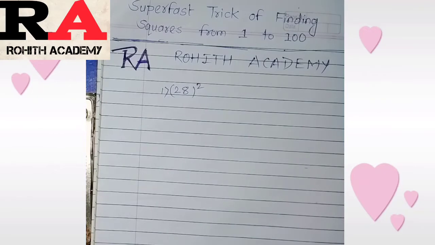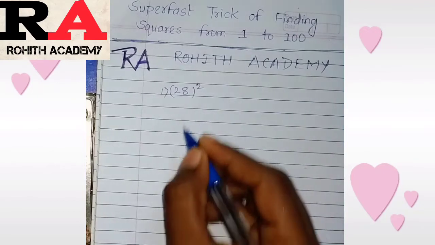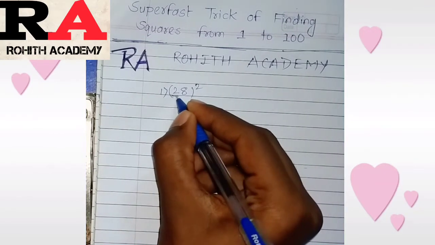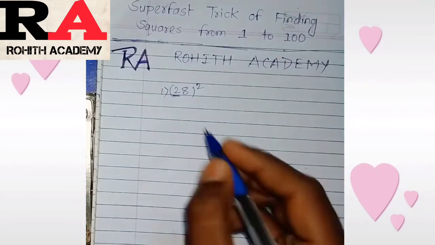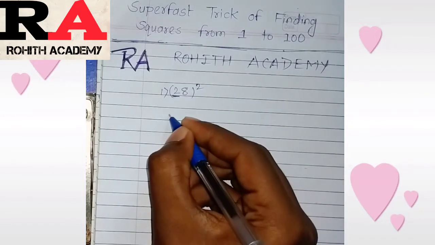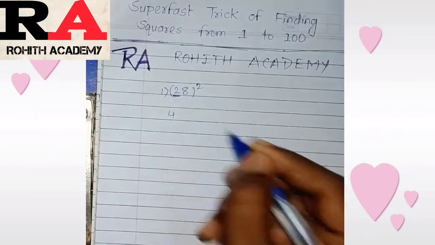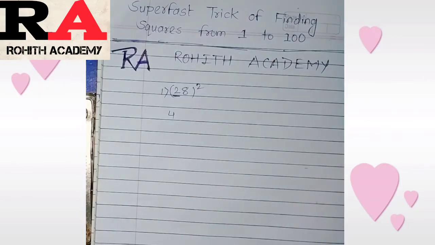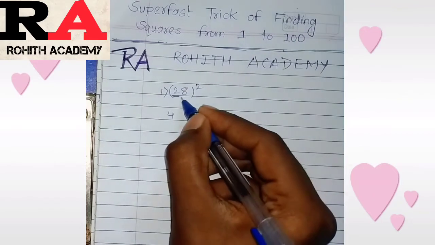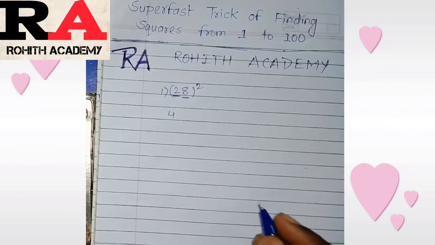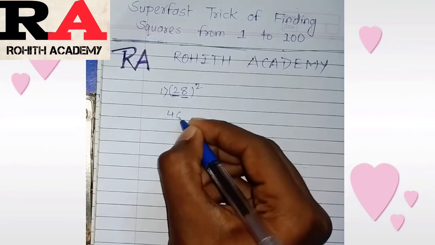Step 1 is to write the square of the first digit, that is 2. 2 squared is 4. Step 2 is to write the square of the second digit, that is 8. 8 squared is 64. We write 64 here.